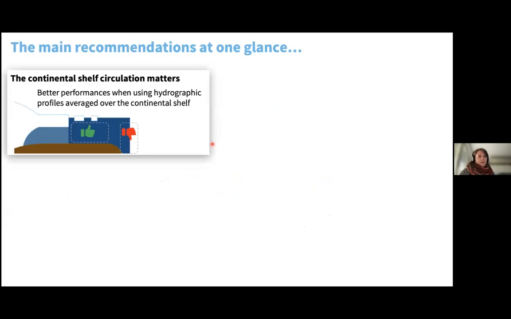Okay, and so for this part, if you got lost in the last 10 to 15 minutes, here is a very short summary of the main recommendations that you should take home from this. Number 1, the continental shelf circulation matters, so better performances are there if you use hydrographic profiles averaged over the continental shelf rather than offshore.